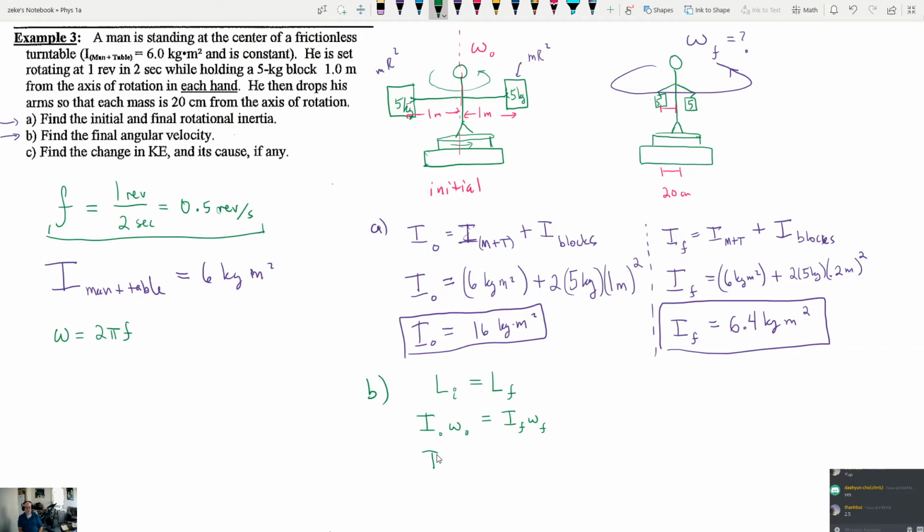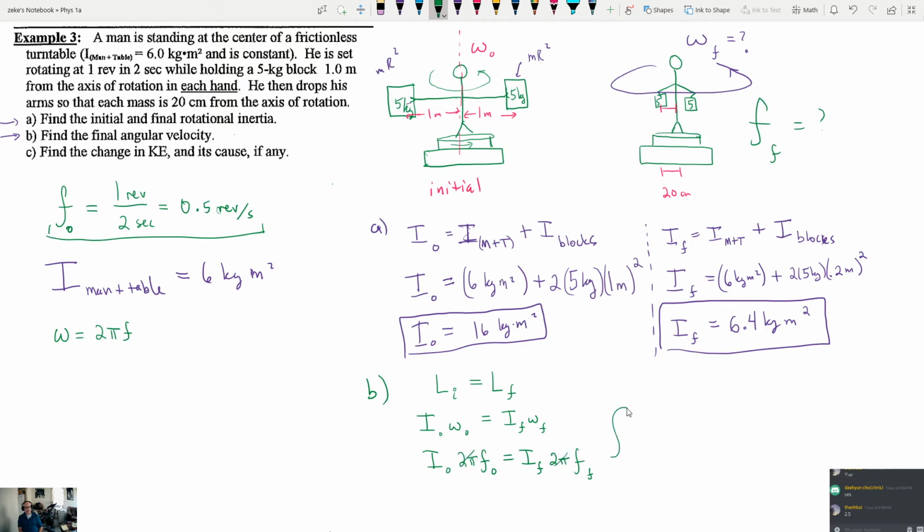So we're going to say I initial times 2 pi f initial, the initial frequency right here, is equal to I final times 2 pi f final, the final frequency. And yeah, the 2 pi's cancel.